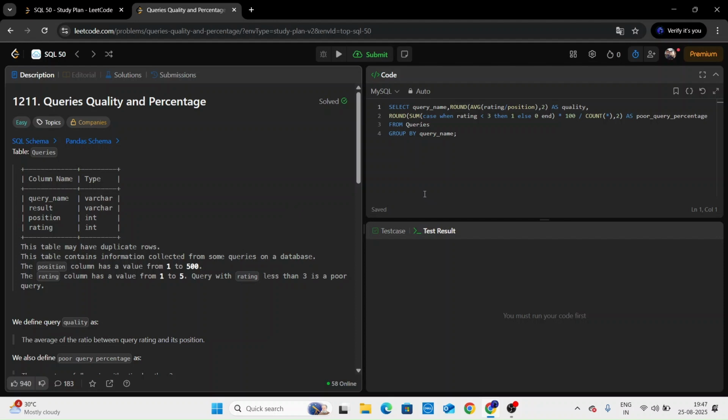Okay, round a case when rating is less than 3 then 1 else 0 end.